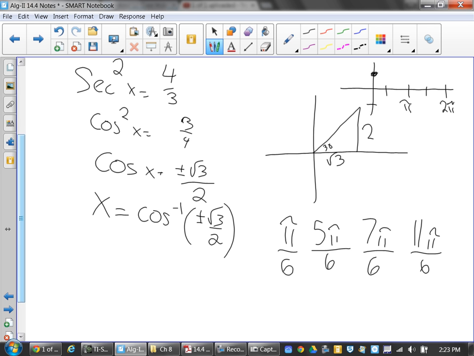Cosine at pi over 2 is 0. Cosine at pi is negative 1. Cosine at 3 pi over 2 is 0, and it's back up to here.